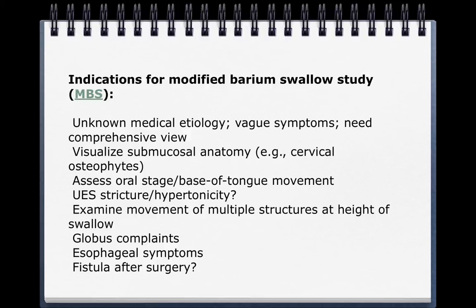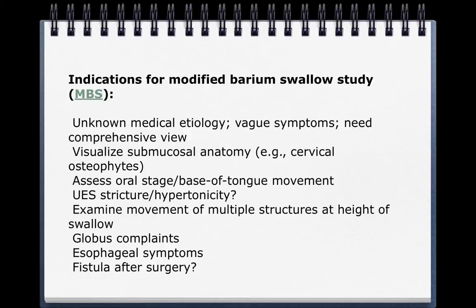If I had questions about the opening to the esophagus, the UES-PES, for example, if it was super constricted or hypertonic, meaning too much tonicity in the cricopharyngeus and other structures in the PES, then I probably am going to want to do an MBS to get a look at that stage.